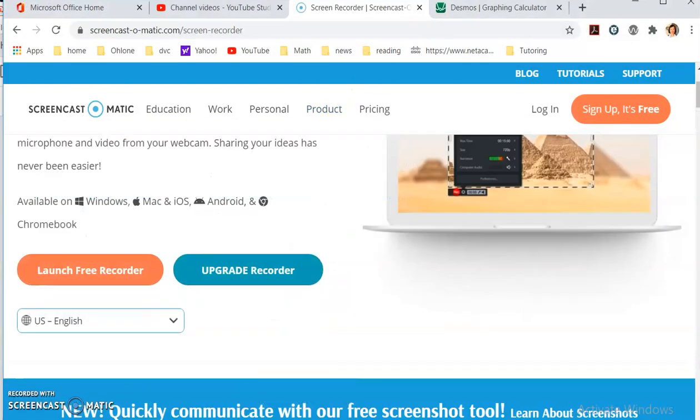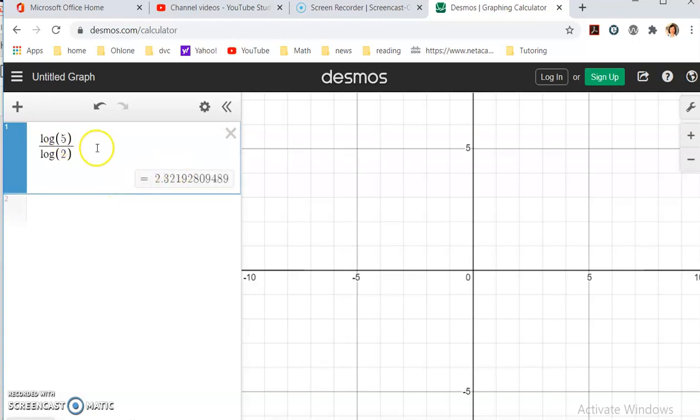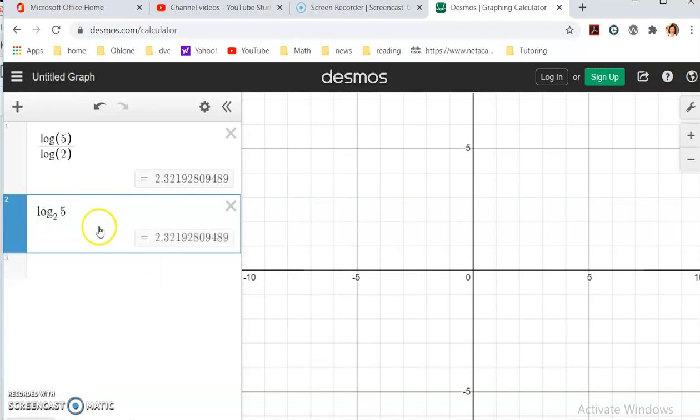Log 5 over log 2 gives 2.3219. I think they do allow you to do log base 2 of 5 in the decimal calculator. Yes, they allow you to provide a base, so you can see that they're exactly the same.